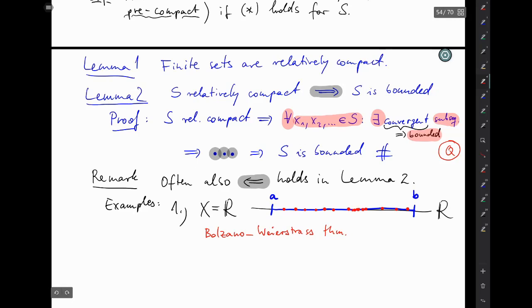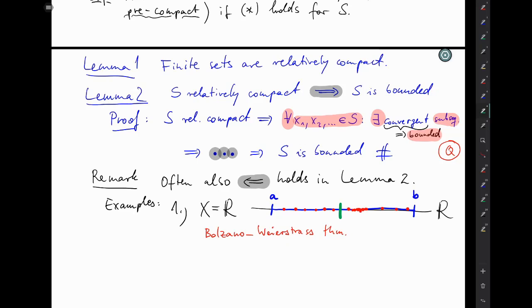What you will observe is that if you throw infinitely many red points into that interval, then in one of the two halves, there will still be infinitely many points, because otherwise you would only have finitely many points at all. Let's continue with that half.